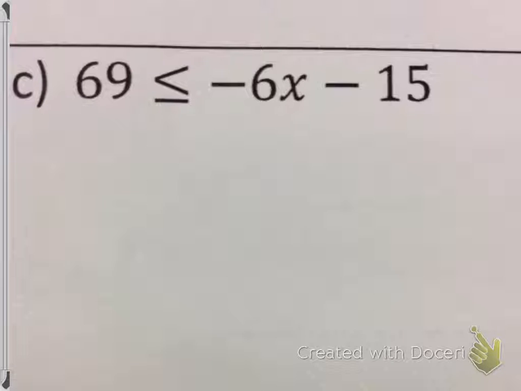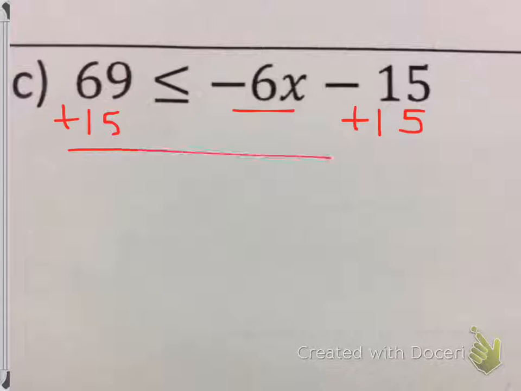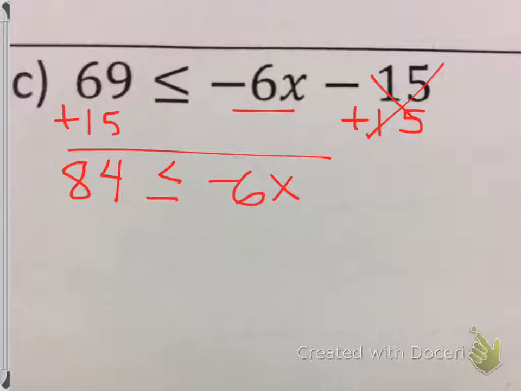Here's another inequality. We're going to isolate the variable again. In order to do that, I first have to add the 15 to the other side. When I add the 15 to the other side, I'm going to have a negative 6x on this side because the 15s cancel. I'm going to keep the inequality sign the same direction and do 69 plus 15, which is 84. Then I'm going to have to get rid of that negative 6 on the variable, so I'm going to have to divide both sides by a negative 6.